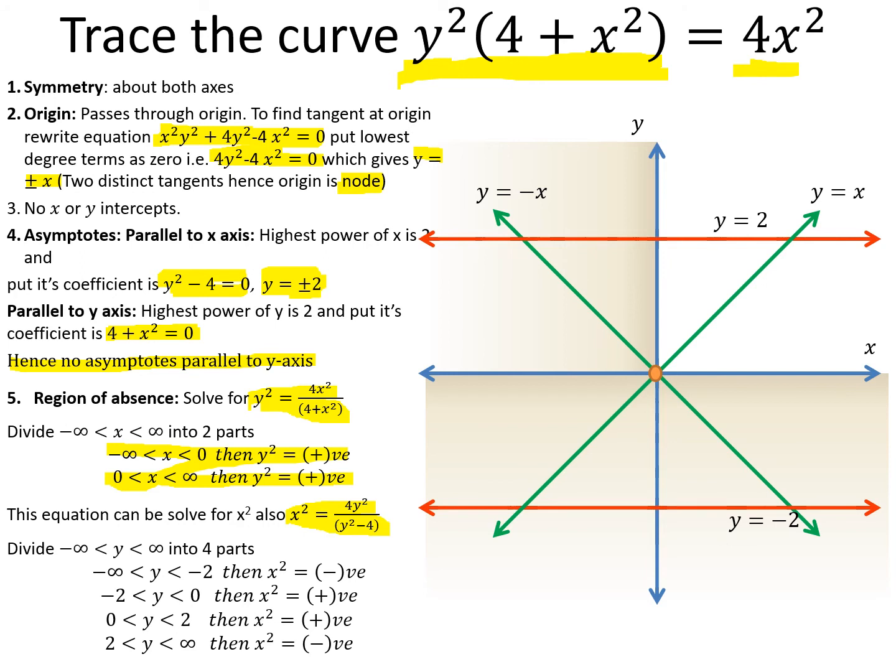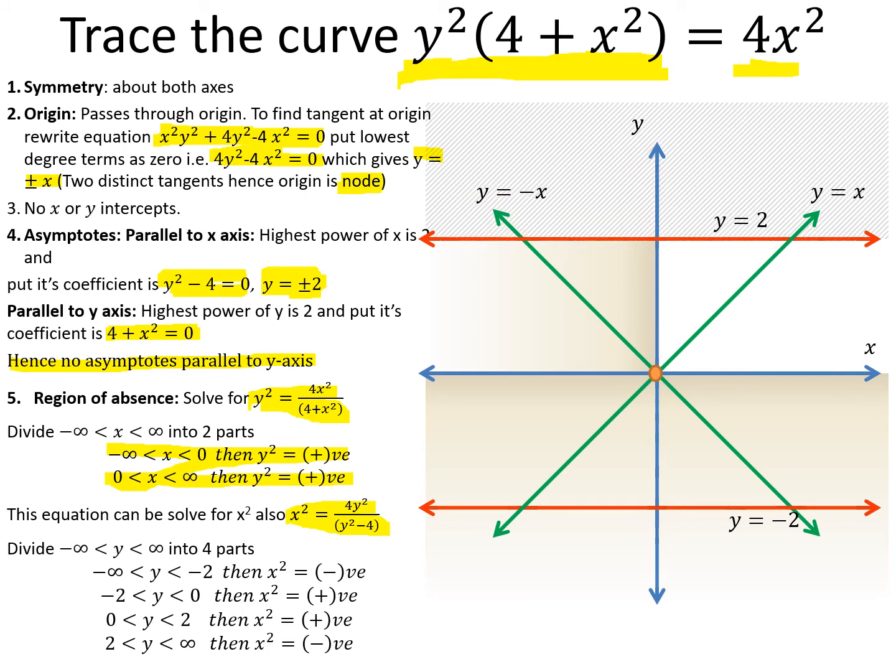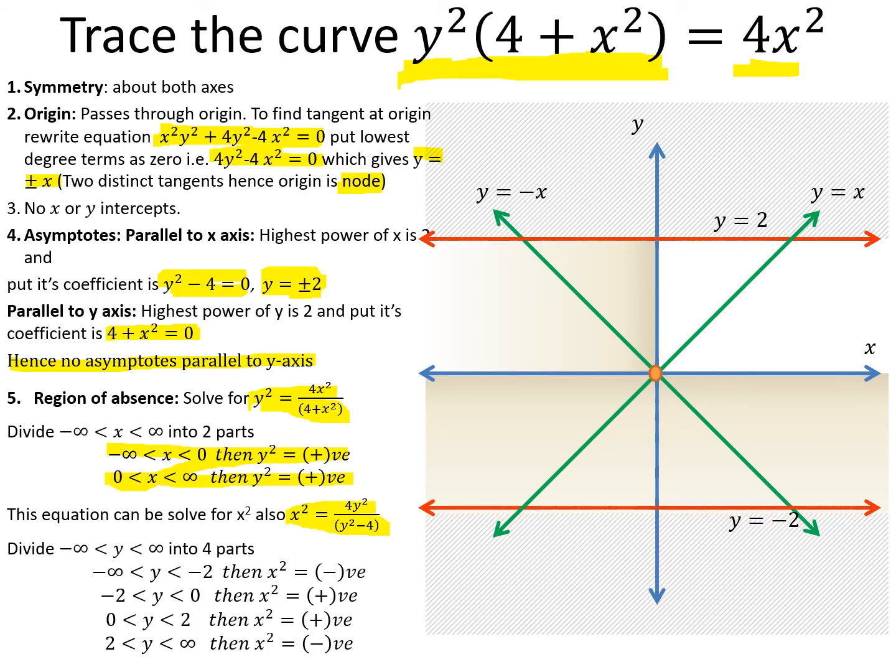I will not elaborate again here. You will just put these values in the equation and check whether x square is positive or negative. So in the first part x square is negative, second part positive, third part positive, fourth part negative, right? So curve exists only from minus 2 to plus 2. So if we draw the dashed line, here the curve does not exist above y equal to 2 and below y equal to minus 2.